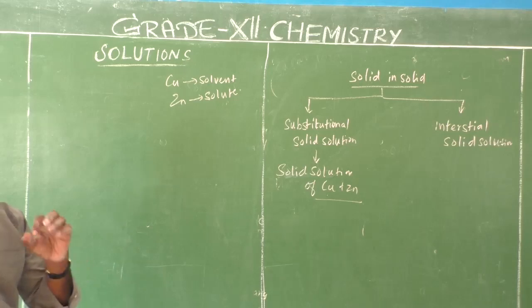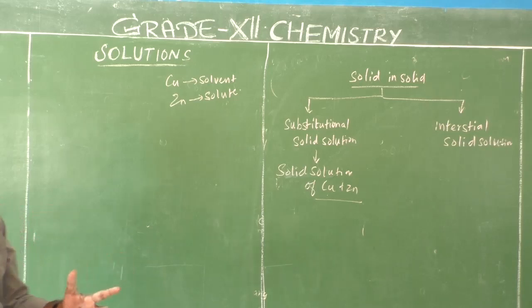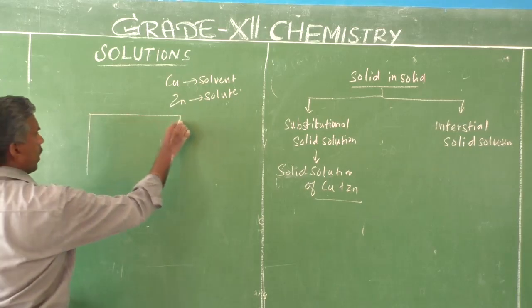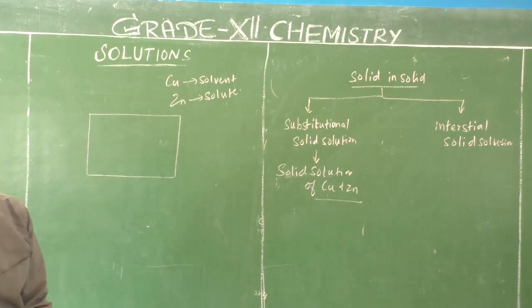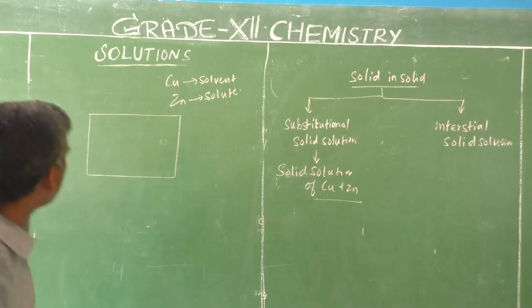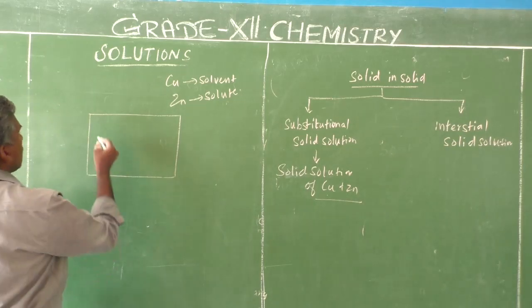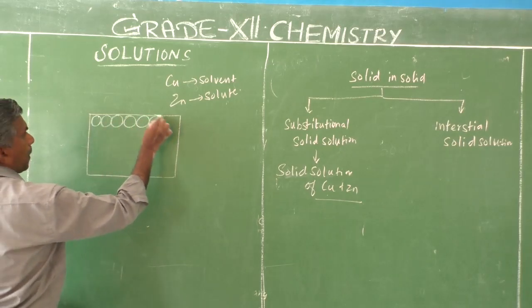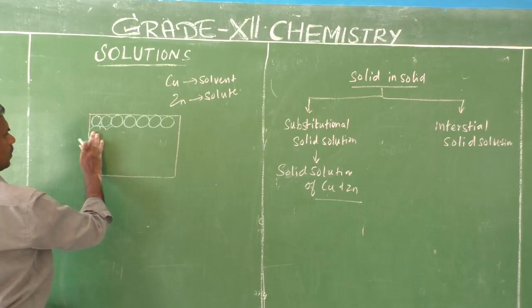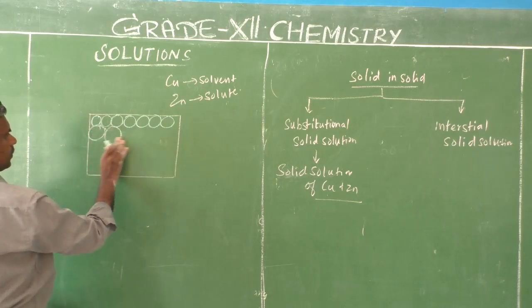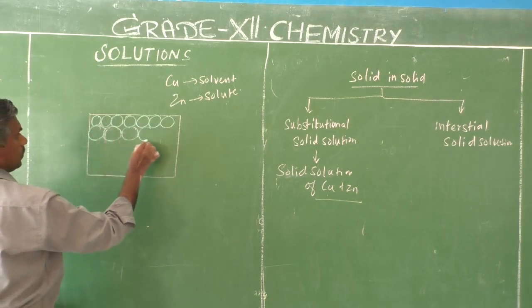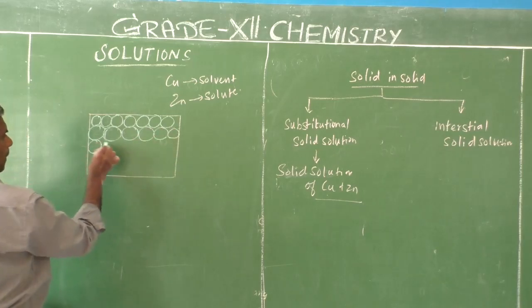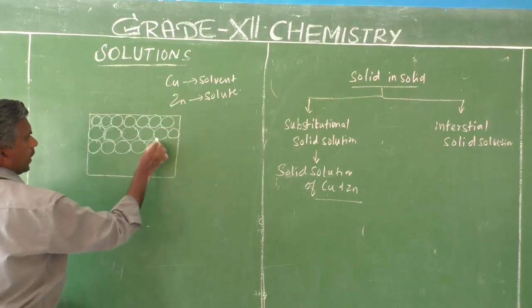The metal atoms are occupied closely packed. This is copper, these are copper atoms.